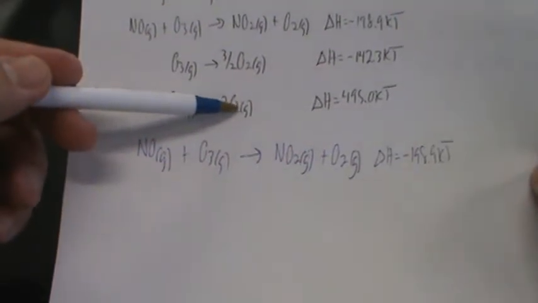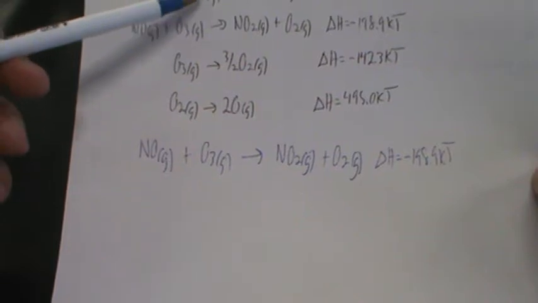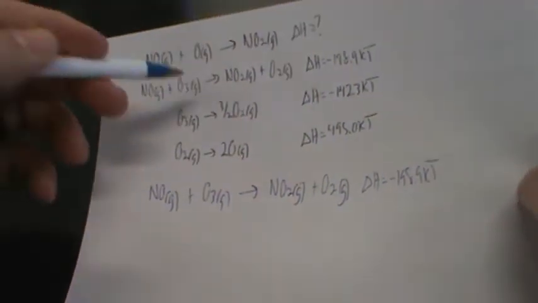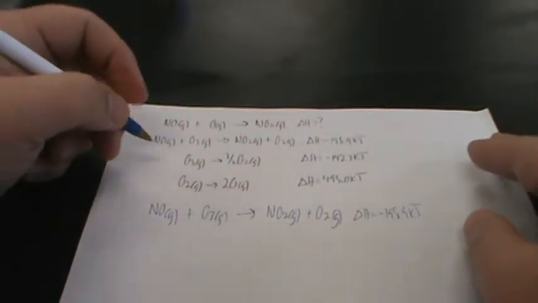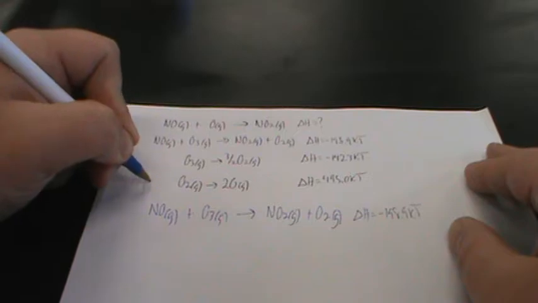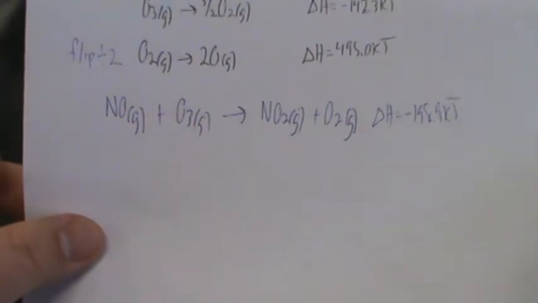Third reaction, we have O2 yields 2O. Well, in the overall, we have monatomic oxygen, O, with a coefficient of 1. Down here, it's on the right-hand side with a coefficient of 2. So for the third reaction, the way that we're going to manipulate it is we are going to flip it and also divide by 2.